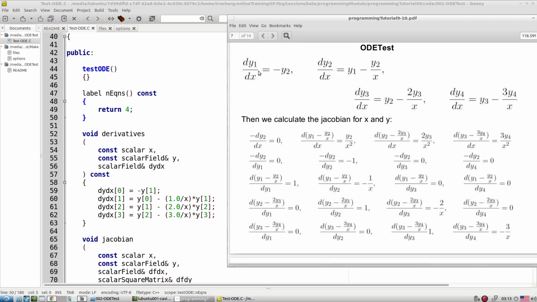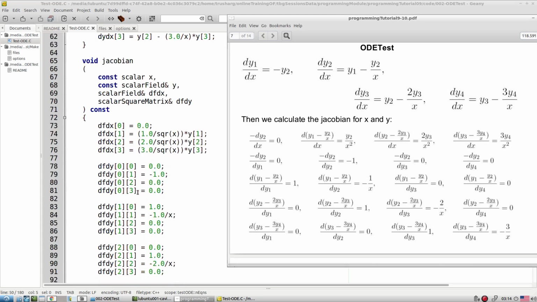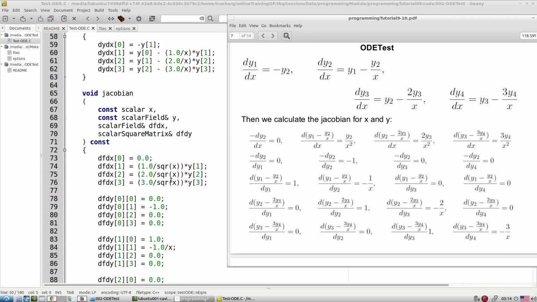For the first one we have to differentiate with respect to y1, then y2, y3 and y4. If we differentiate with respect to y1, we get 0 because here only y2 is there, the rest are zeros. In that way we construct all the Jacobian here. So all the Jacobian we are supposed to write down here.